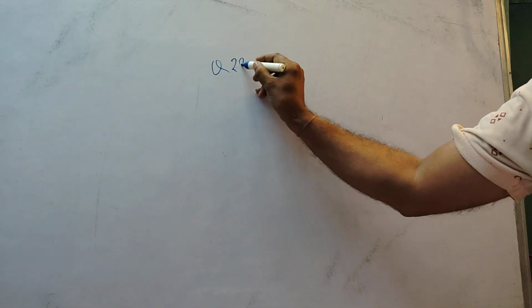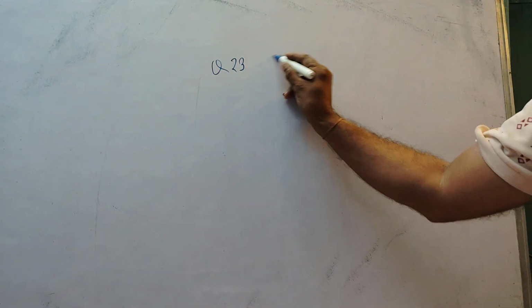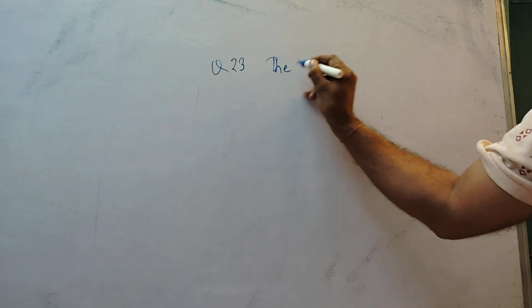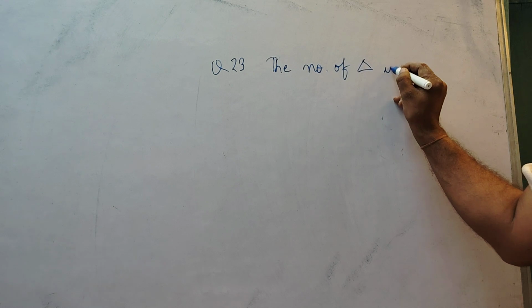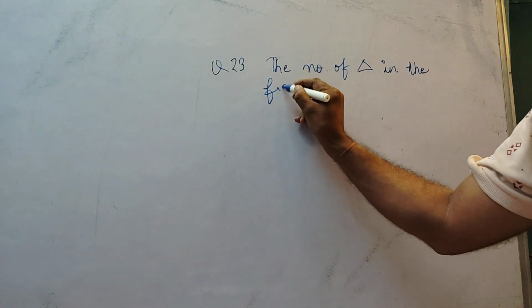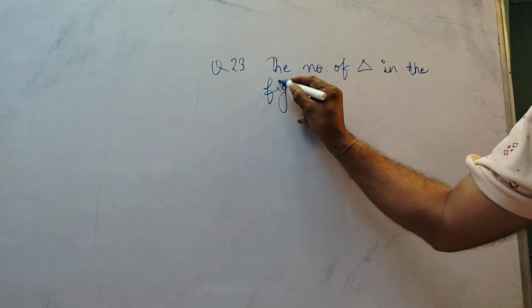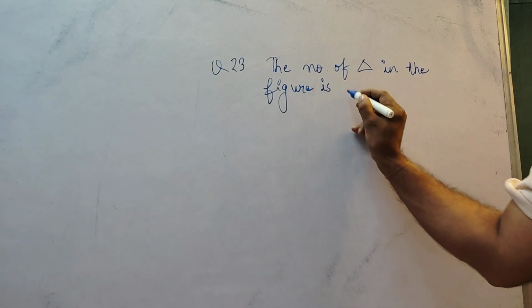Question number 23. The number of triangles in the figure is dash.